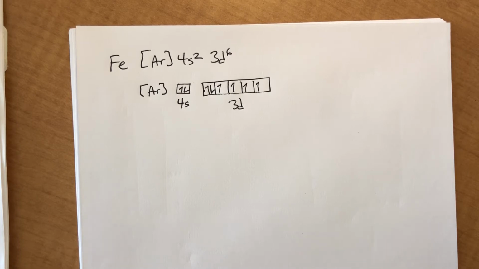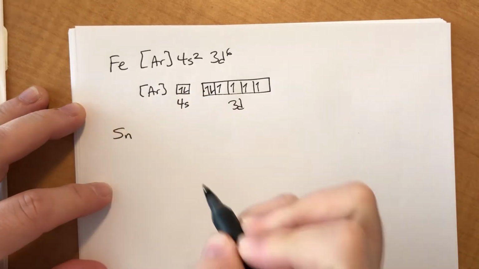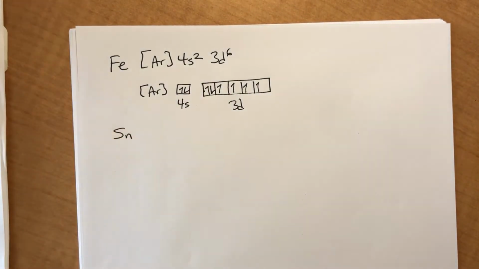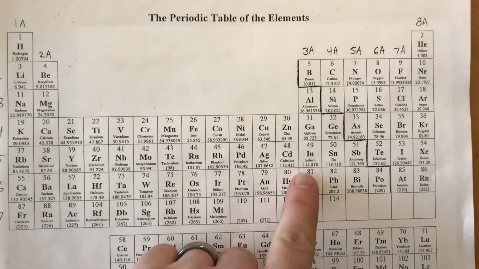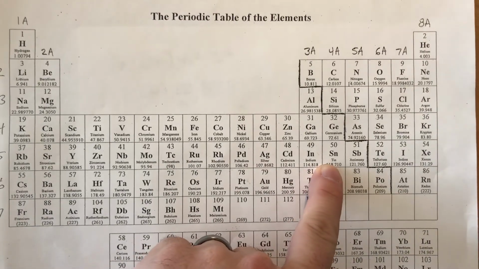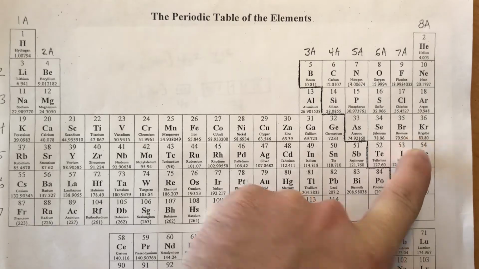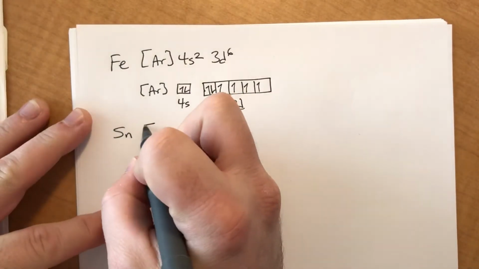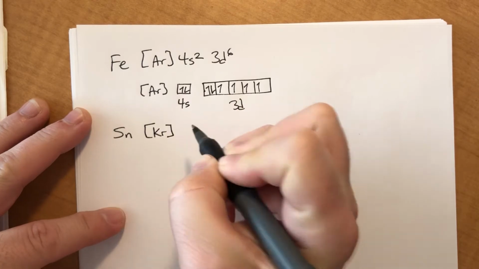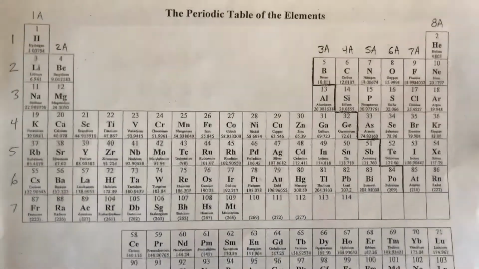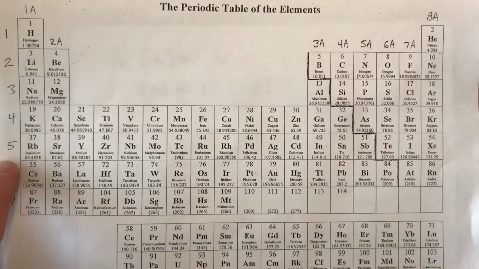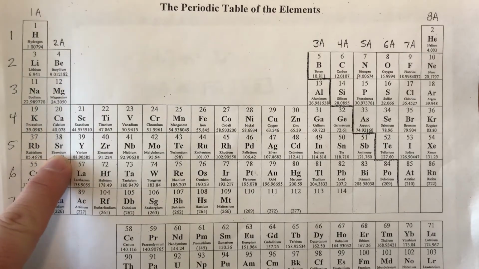Let's try a couple more here. Let's say we've got something like tin. If you look at the periodic table, tin is element 50. If you count your way down, the previous noble gas is krypton, which is element 36. So, krypton, and then we start counting from there. This is krypton 5s2.